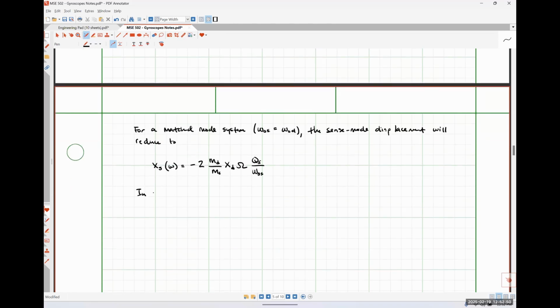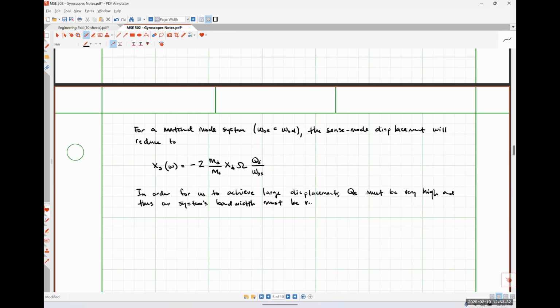So in order for us to achieve large displacements, Qs must be very high, and thus our system's bandwidth must be very small, since bandwidth and quality factor are inversely proportional to each other.